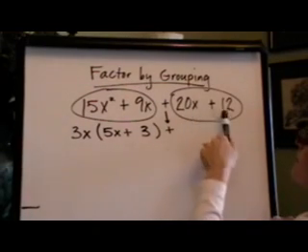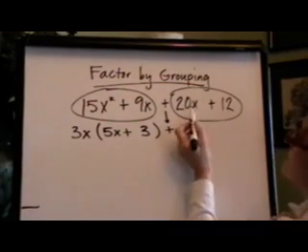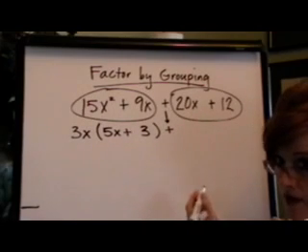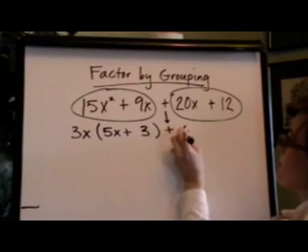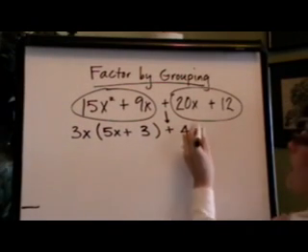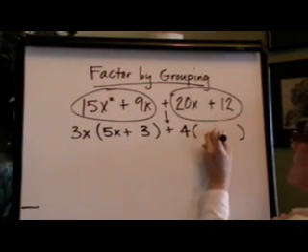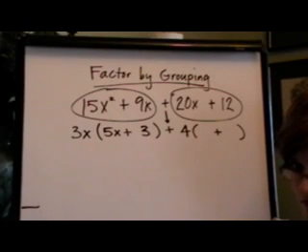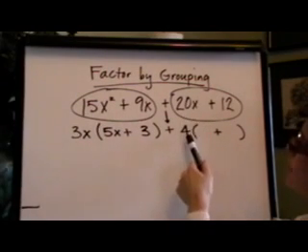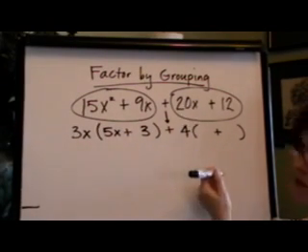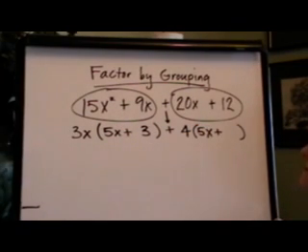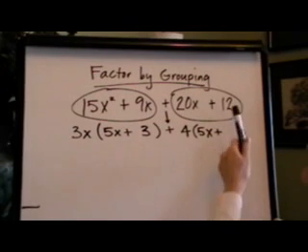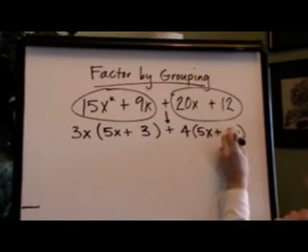I look at these two terms, and I see that I have a number in common, and I want to pull out the greatest number they have in common, which is the number 4. I pull it out. I'm left with a binomial. If I pull out a 4 out of 20x, what remains is a 5x. If I pull out a 4 out of 12, what remains is a 3.